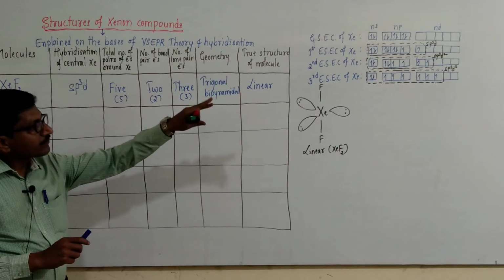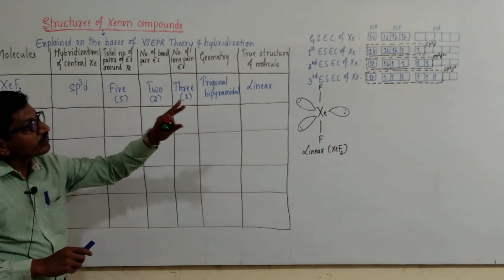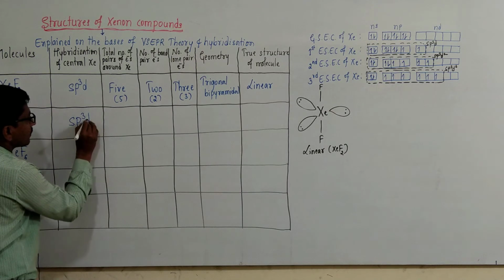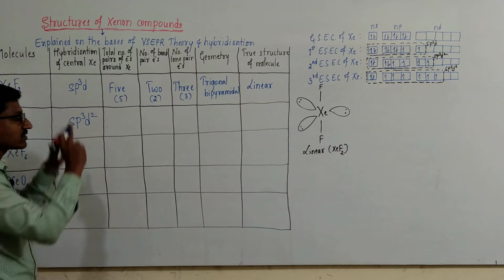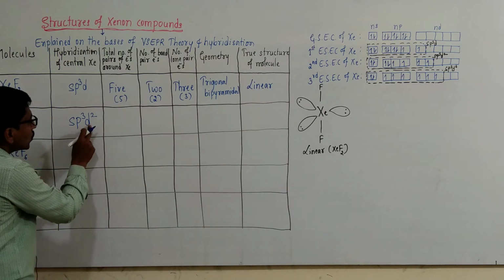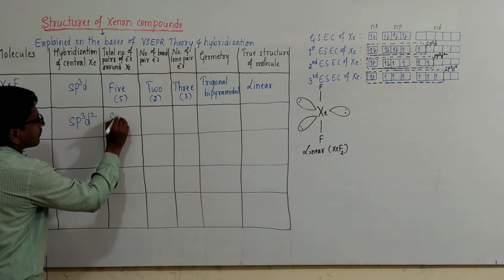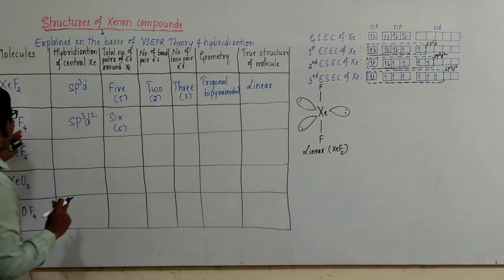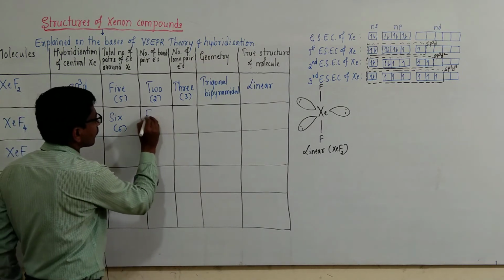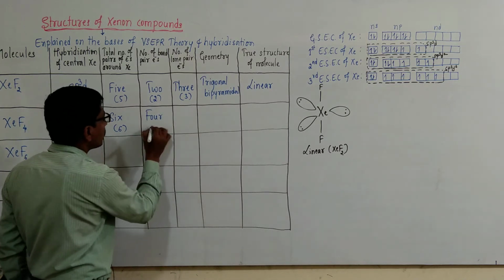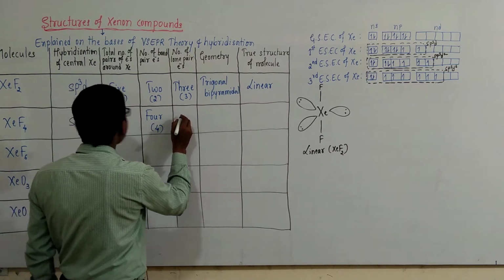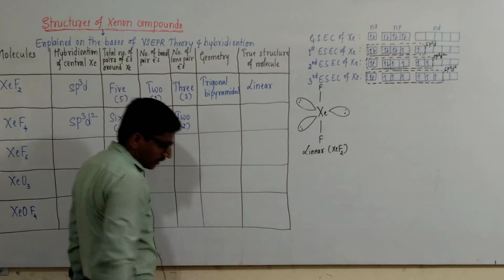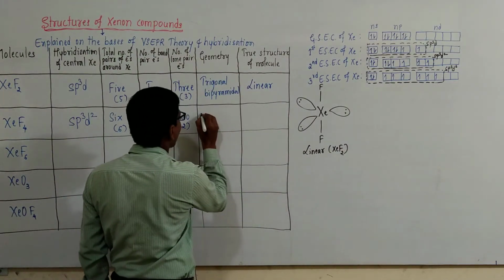Then second one is XeF4. In the second excited state, the hybrid orbitals are formed, the hybridization of central xenon is sp3d2, total number of electron pairs around the xenon is 6, and total number of bond pairs around the xenon is only 4, because 4 fluoride ions are bonded with xenon, and lone pairs of electrons 2, and the expected geometry of this is octahedral.